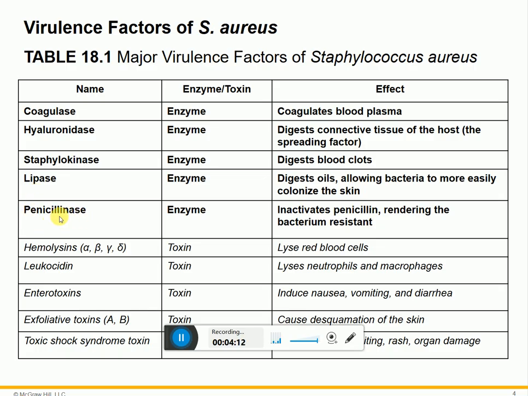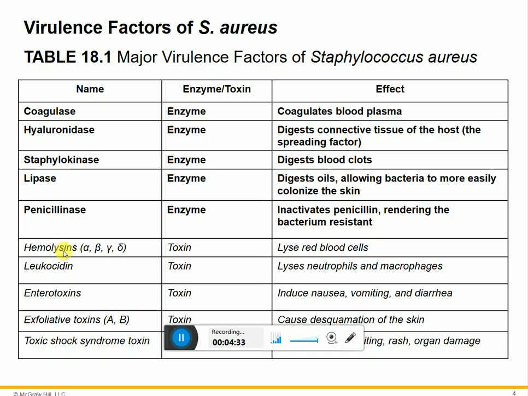Another enzyme is penicillinase. From the name you can tell that it helps in the deactivation of penicillin. Staph aureus is resistant to penicillin, and we cannot use penicillin to treat Staph aureus infections because of this enzyme. Now the toxins.